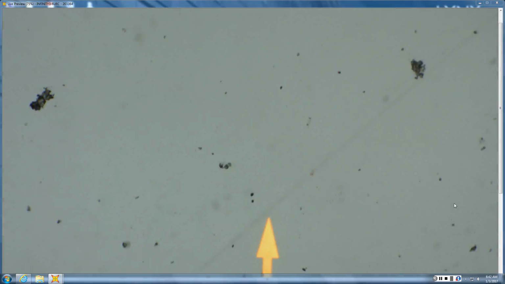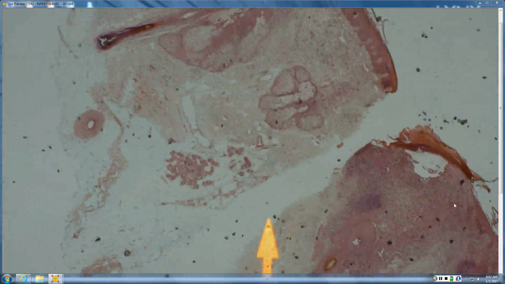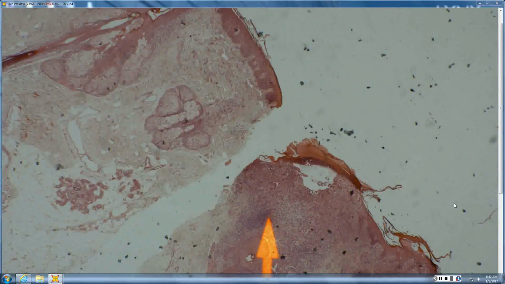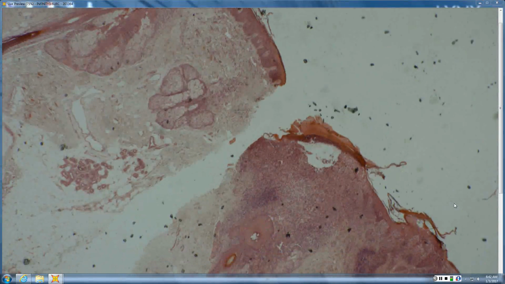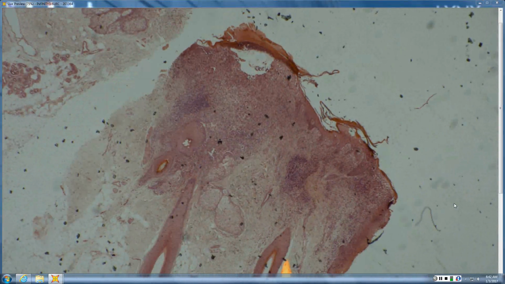Okay. This is one of those extras in this chapter. This is Langerhans cell histiocytosis, and basically what you're seeing here is a bunch of inflammatory cells predominantly at the infundibular location of the hair follicle. From scan they just look a little bit odd, and you have to trust me on that.